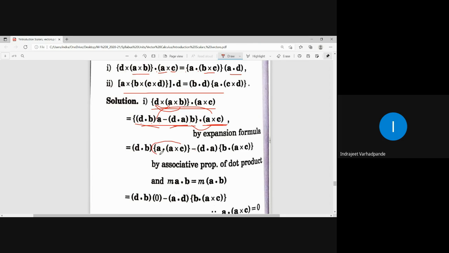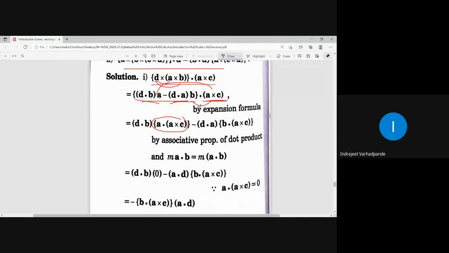But this is particularly written as the scalar triple product a bar dot b bar cross c bar, which is also a box product. A box product is written in the form of a determinant, and I know that in a determinant, if any two rows or columns are the same, the value of the determinant comes out to be 0.